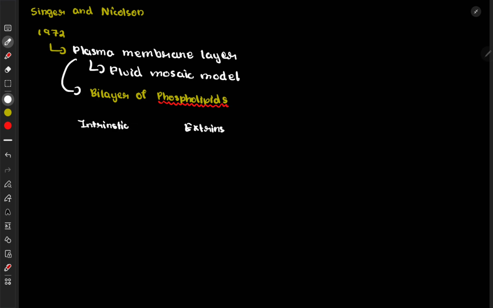Okay, fine. I think it's intrinsic, yeah. So this protein basically spans the entire bilayer.